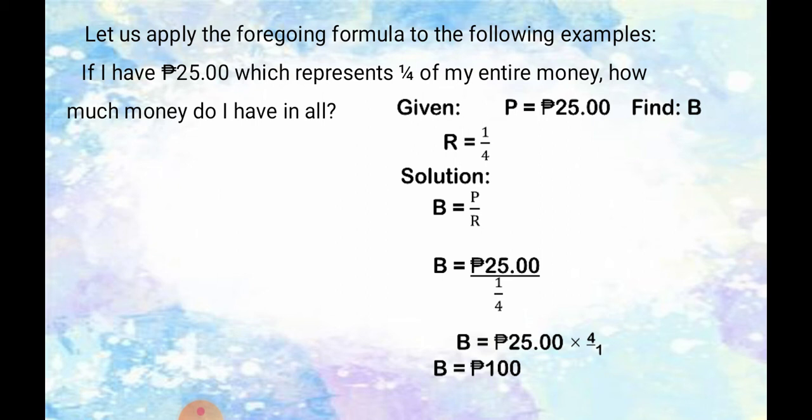B is equal to P over R. So we have B is equal to 25 over 1/4. Okay? We're going to use reciprocal method.